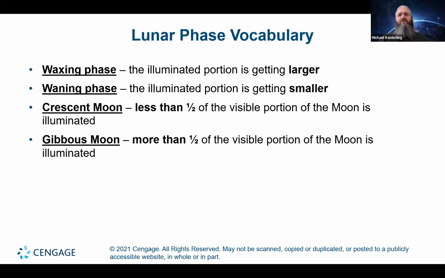So starting at the new moon, you have new moon, waxing crescent, first quarter, waxing gibbous, full moon, waning gibbous, third quarter, waning crescent, back to new moon.